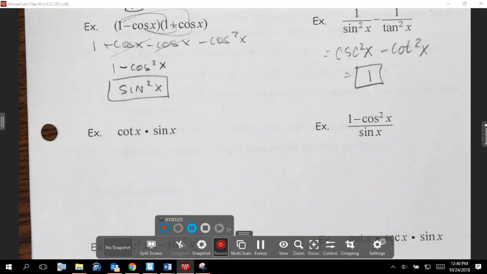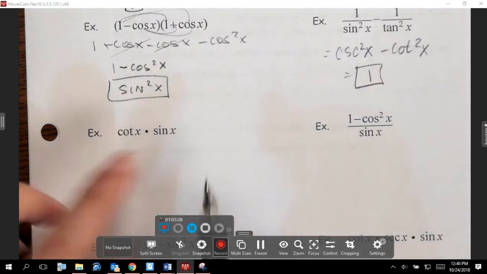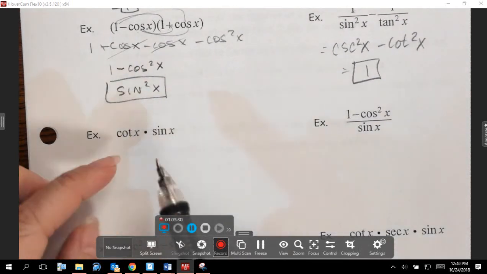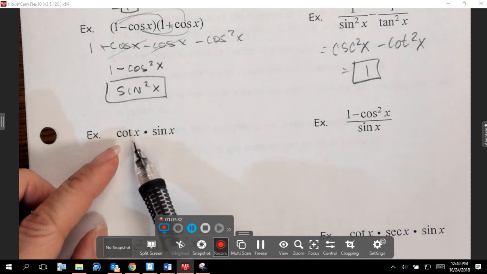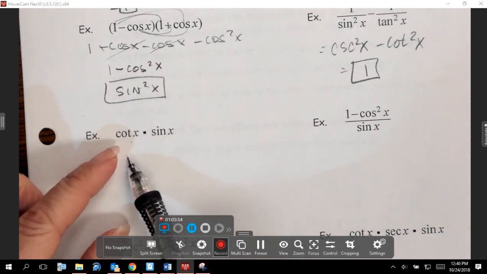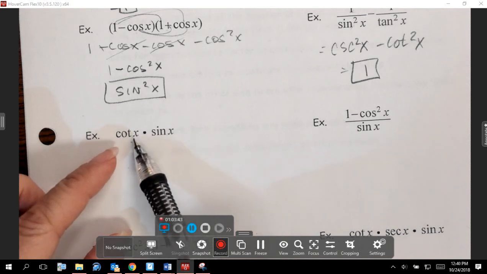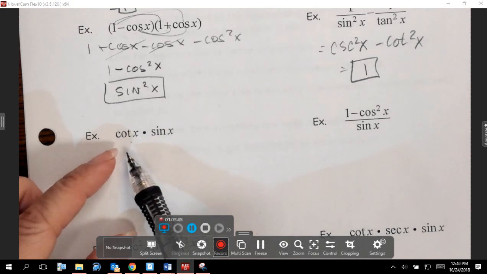But when I look at this one, sine x could be 1 over cosecant, but I don't know if that's going to really help me. When I look at cotangent, there's 2 ways I could go. I could do 1 over tangent. But what's that going to do to sine? Nothing. And there's another way I could write cotangent. What's my other way of writing cotangent?